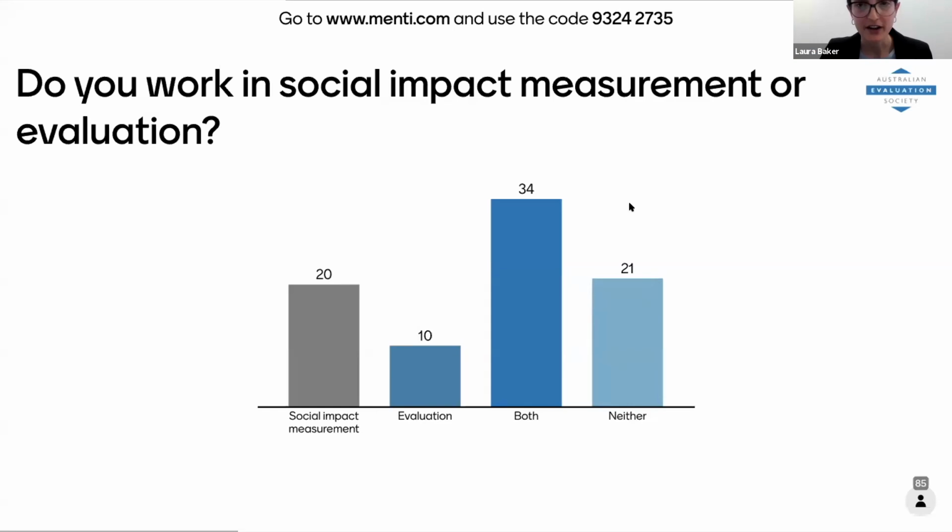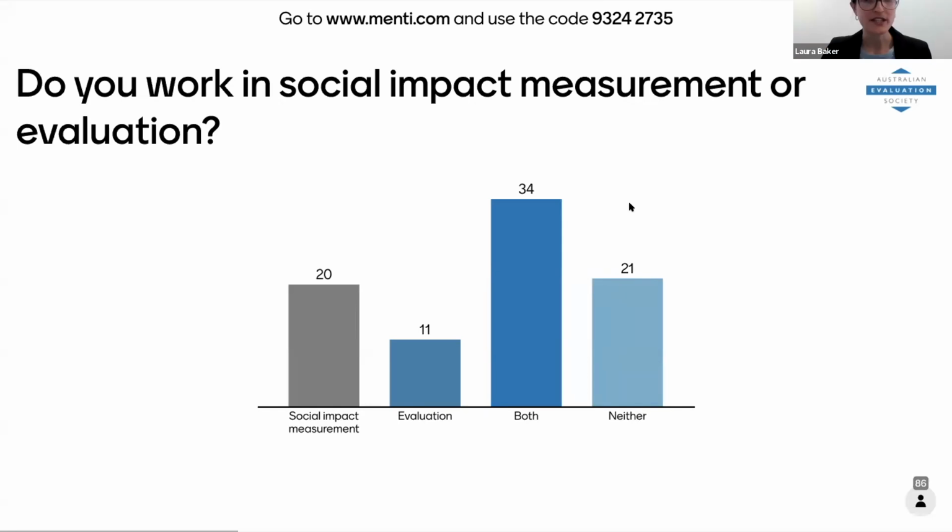And venture capital, very interesting to see the range of people that are represented here. And I think that's what's shifted over time. So within the domain of the private sector, private equity, venture capital, the world of evaluation lingers, but social impact measurement has come to the fore. And that is an important part of the positioning of the for-purpose investments.